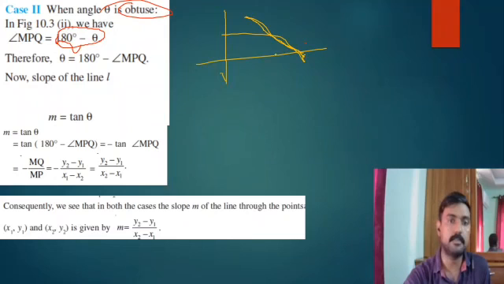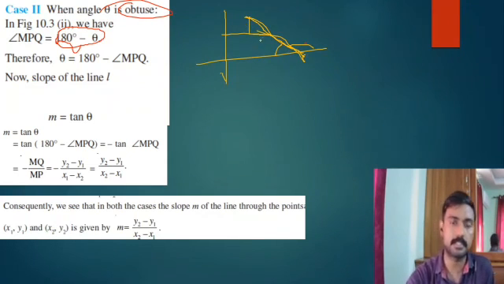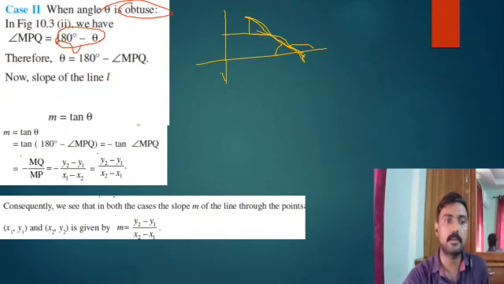At that time this angle is theta, so this will be 180 minus theta. At that time we will draw the triangle here, and we may consider this is the opposite side, this is the adjacent side. Everything will be clear, but one thing will happen.